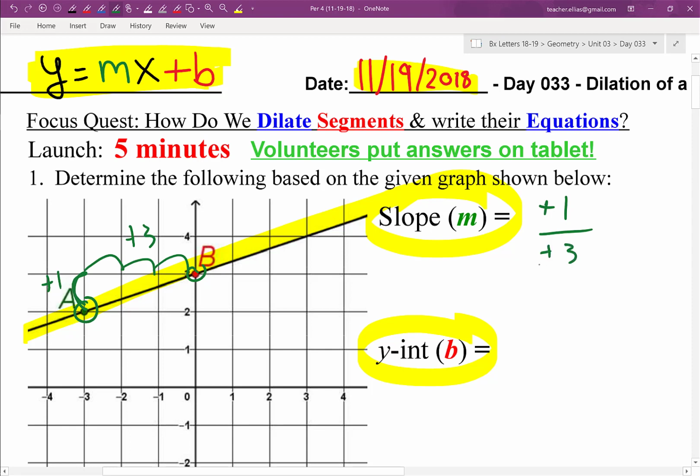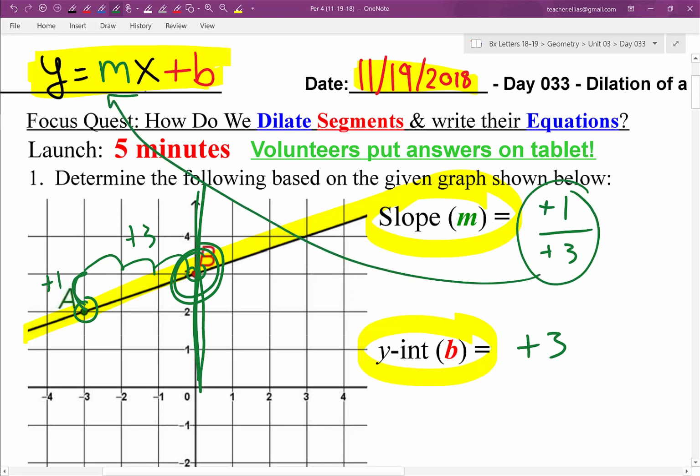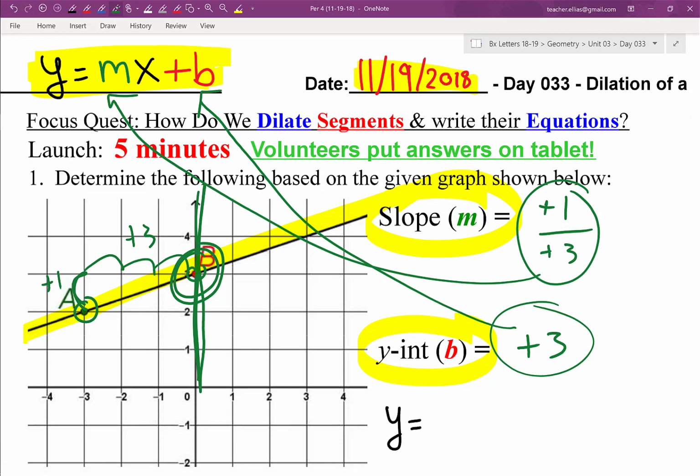The y-intercept, where that yellow line crosses the y-axis, is at +3. So now we have our slope and our y-intercept. When you put it all together, it's y equals your slope times x plus 3, your y-intercept. And that's the equation.